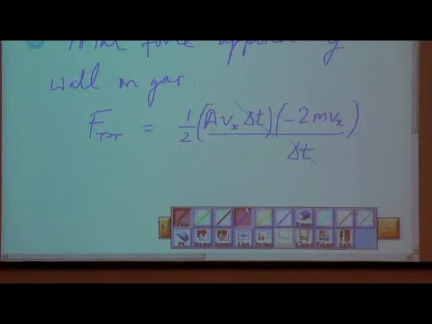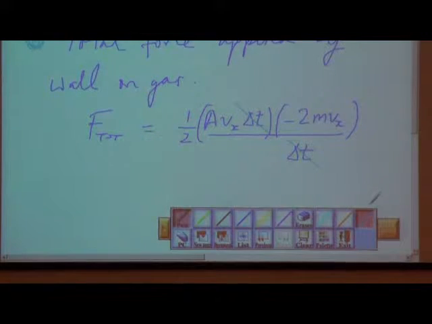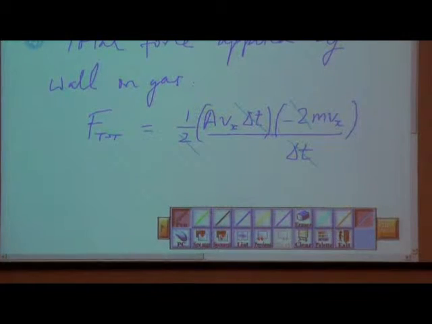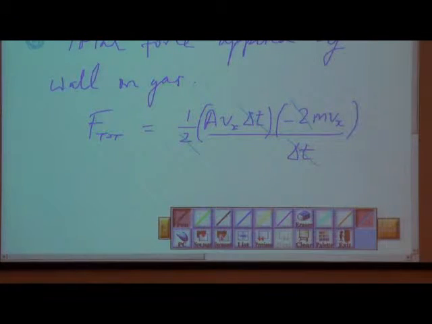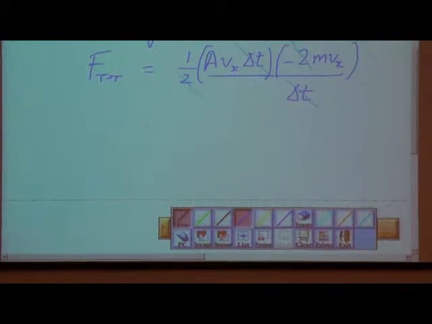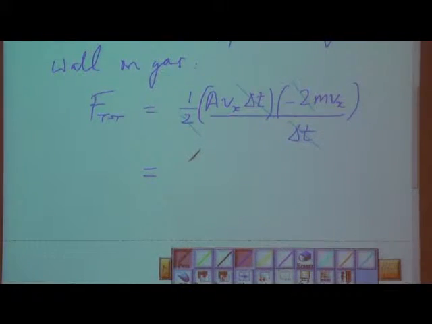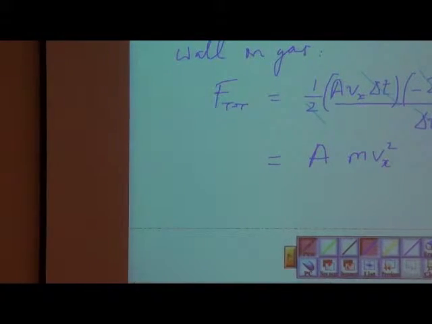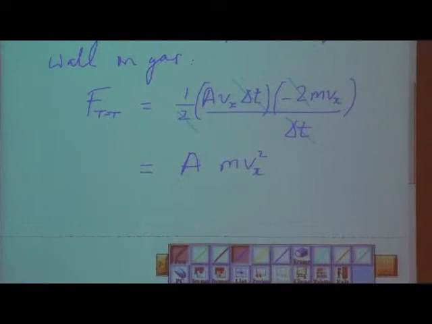And what do I get now? Well, one other thing also cancels. The twos cancel. This is nice. They came for different reasons, but they cancel. Okay? And what I have here is that the total force equals A m vx squared.